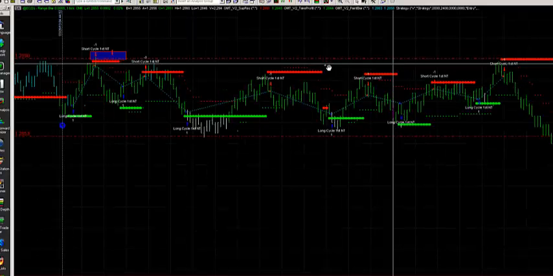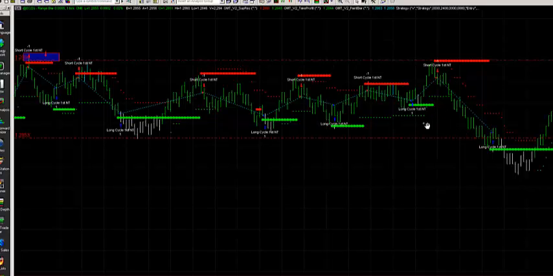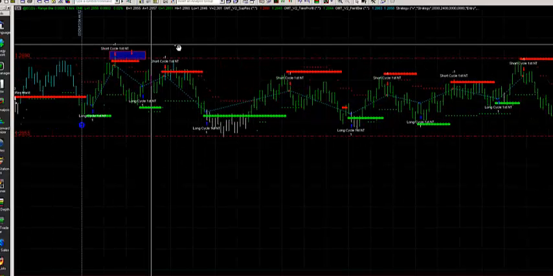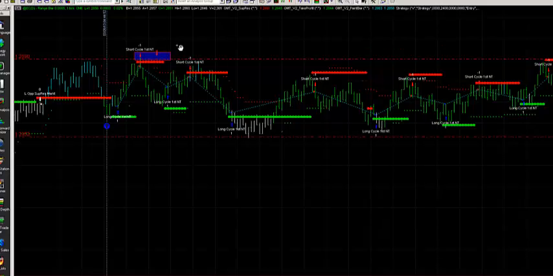Now, that's okay, but what you're doing is limiting the number of trades you're getting based on the conditions you've got, because we're expecting that there's going to be consolidation. So there may not be enough momentum or enough energy for price to break these support resistance lines.